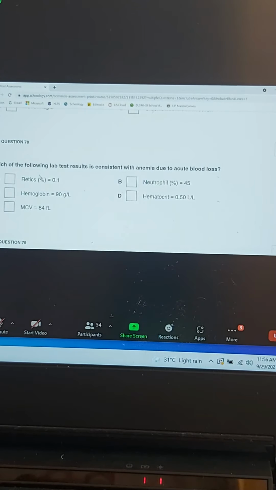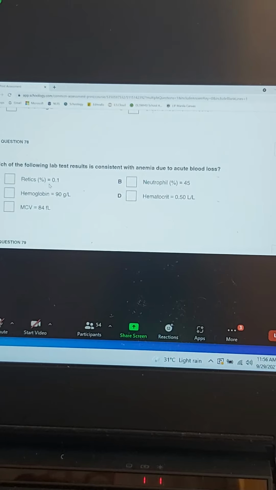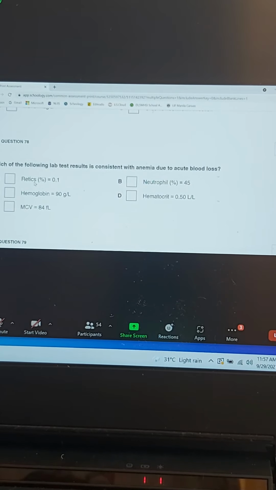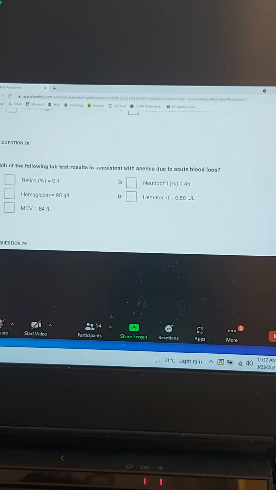Nakuha nyo? So, dapat more than 1.5 ang retics natin dito. Kaso, ang retics natin mababa pa. May reticulocytopenia ka. So, is it consistent with anemia due to blood loss? Okay. But this one, yung letter A, this is consistent of anemia due to bone marrow failure. So, X na yan. Hindi na pwede si A.